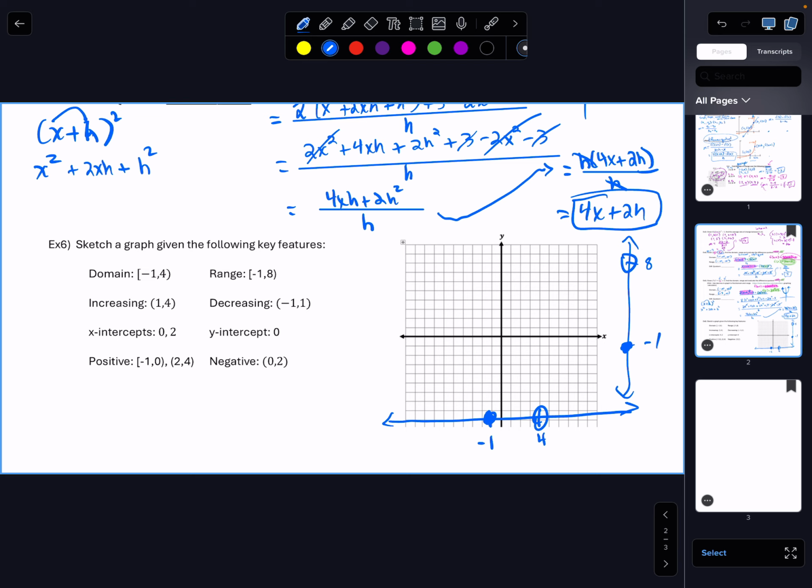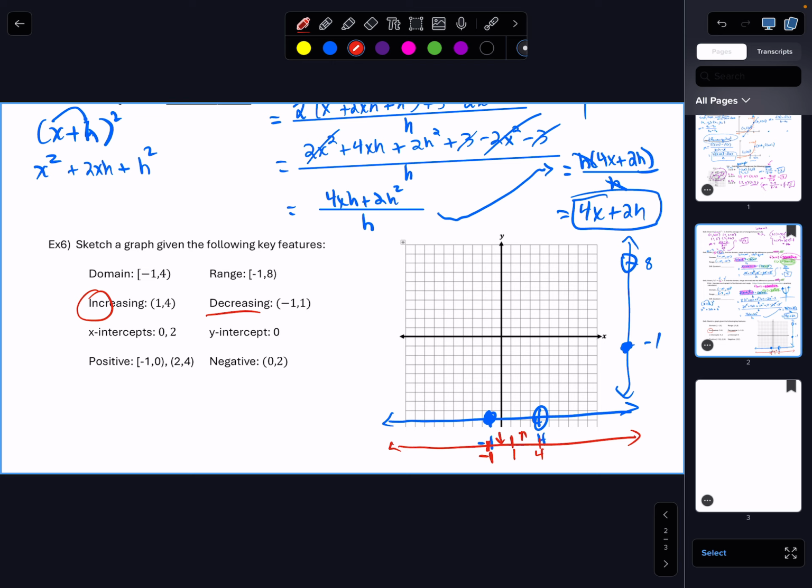All right, and then we have increasing and decreasing. For increasing and decreasing, we have 1 to 4. It's increasing. I'm just going to draw an arrow that's saying it's going up between x values of 1 and 4. It's decreasing -1 to 1. It's going down from -1 to 1.